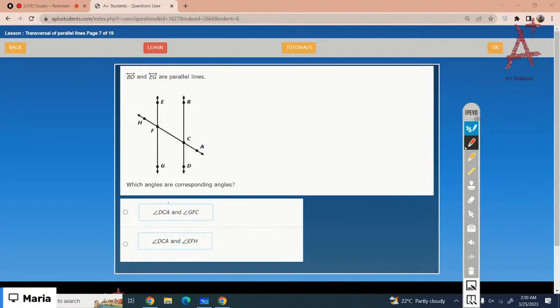They are the angles that form on the line intersecting two lines, on the same side. Got it? See, they are on the same side, so they are the corresponding angles. Option number one is the correct option. Got it?